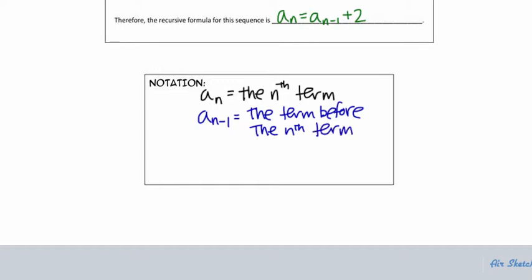And we might also see a sub n plus 1, which is the term after the nth term.